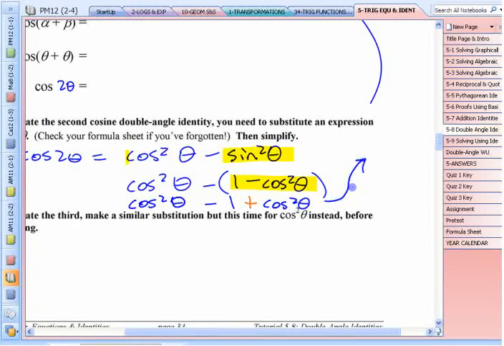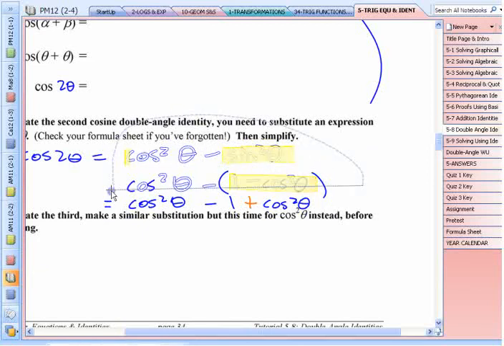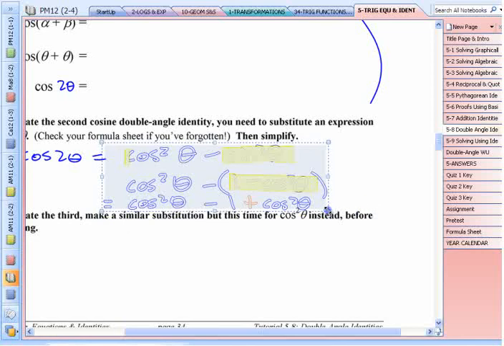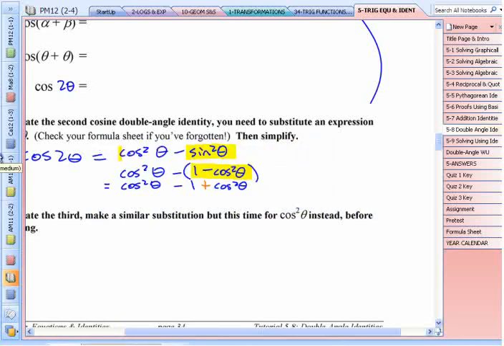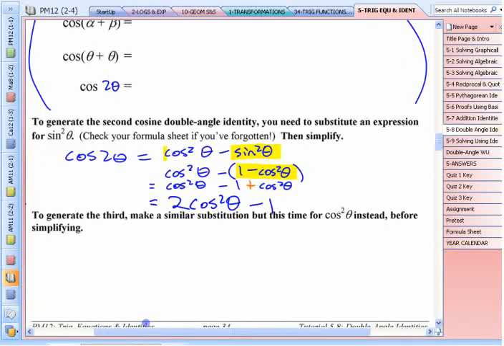Didn't leave myself enough room here. Maybe we'll do this. What does that simplify to? Yeah, 2 of them, right? Cos squared minus 1 plus cos squared is 2 cos squared theta minus 1. So that identity is one of the ones on the sheet, right?